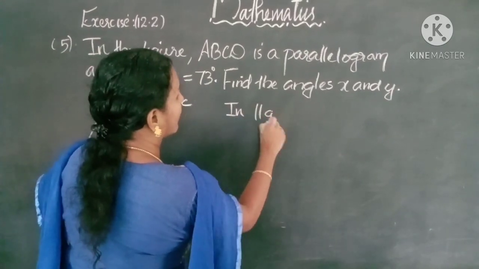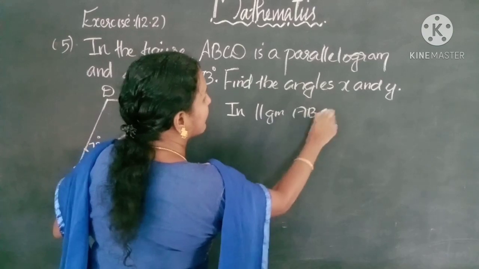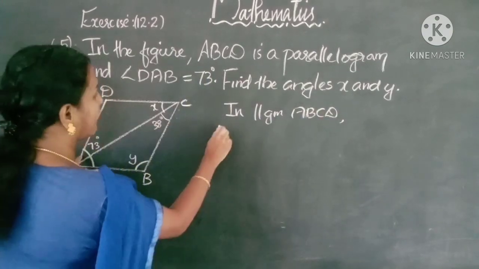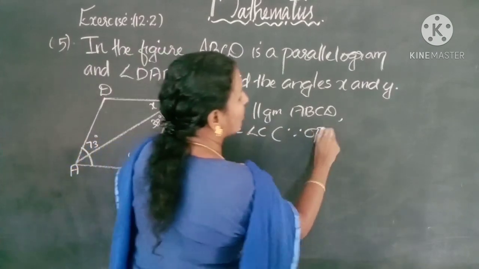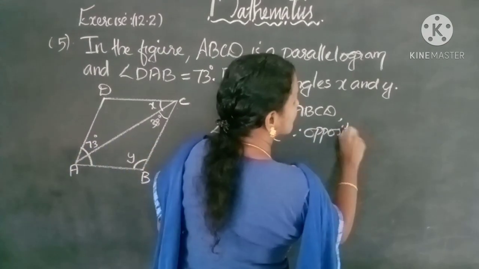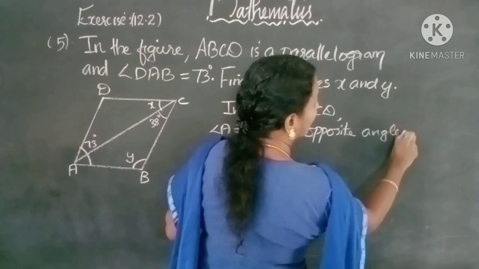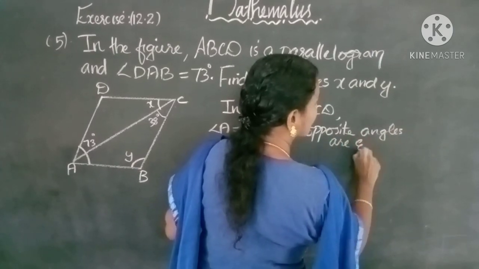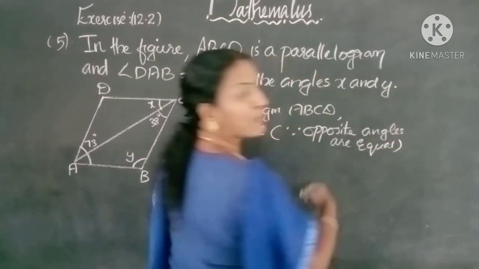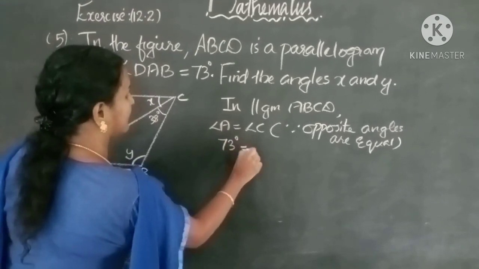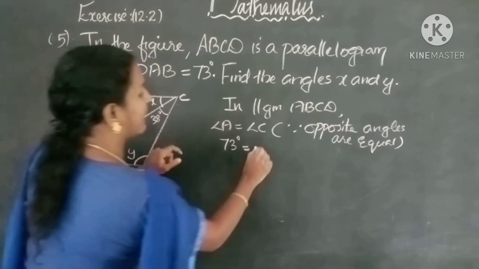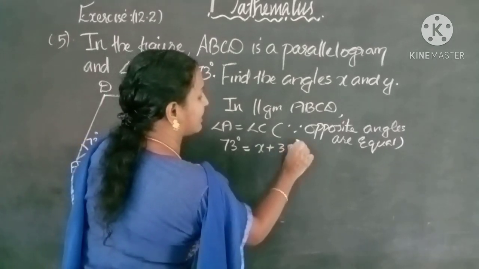In parallelogram ABCD, angle A is equal to angle C. Reason? Opposite angles are equal. So angle A, 73 degrees, is equal to angle C, which means x plus 38.